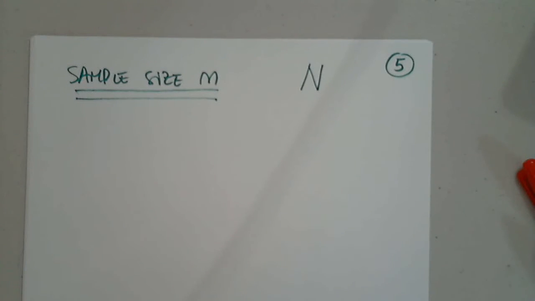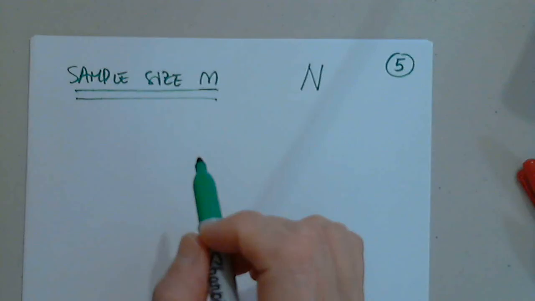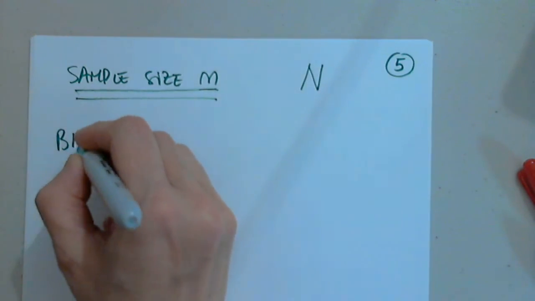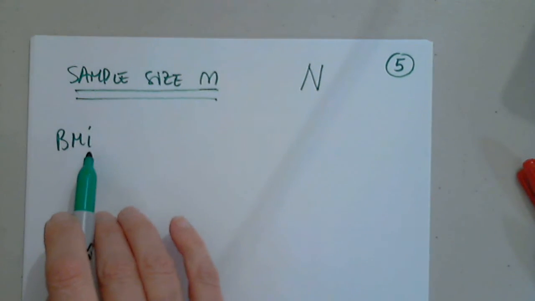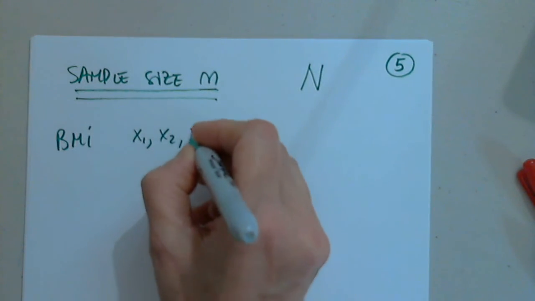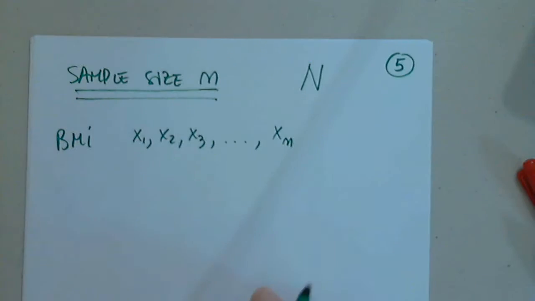Okay, so let's suppose I have a sample size of n, and I collect, let's say, BMI, like we just did, body mass index. And I have the numbers x1, x2, x3, up to xn.